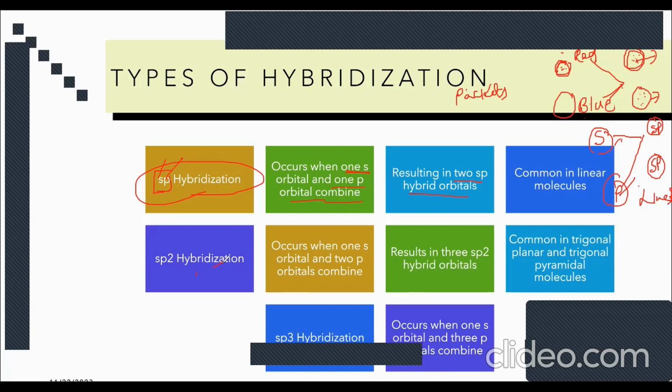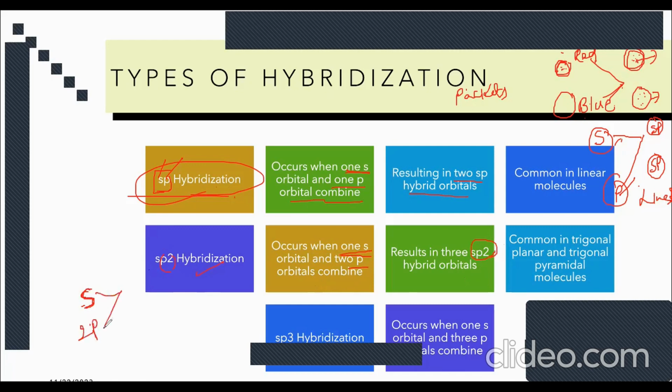Next, you observe sp2 hybridization. Here you take one s orbital and two p orbitals, because it is p2. These combine to form sp2 orbitals.